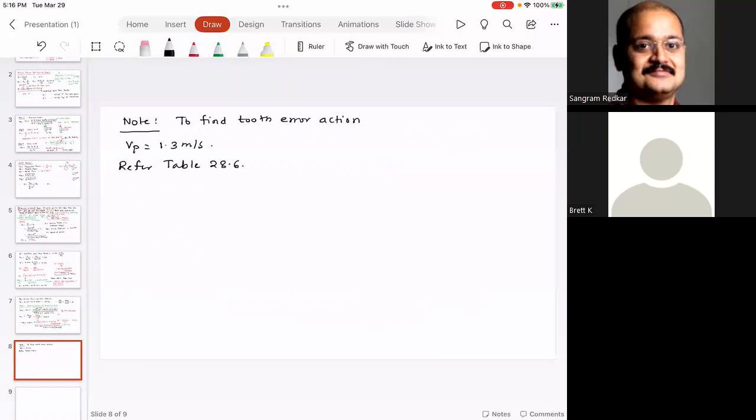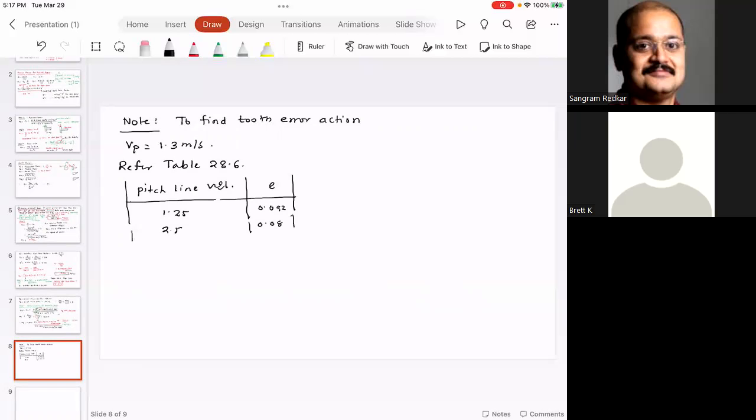On table 28.6, you would observe for pitch line velocity, and you have tooth error action. So 1.25, 0.092, then it's 2.5, this is 0.08.